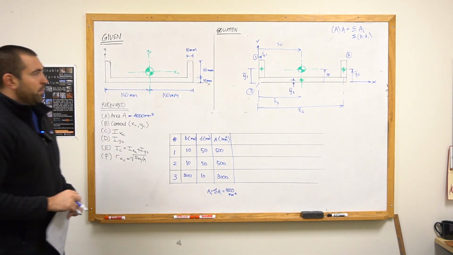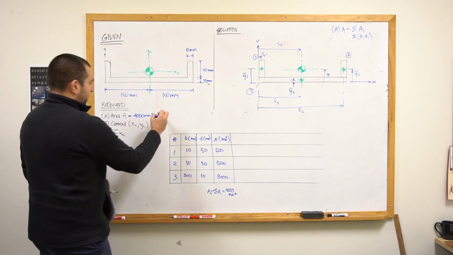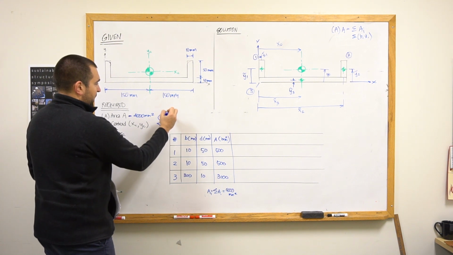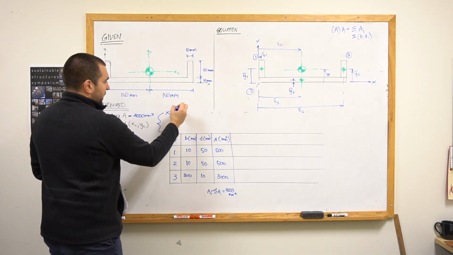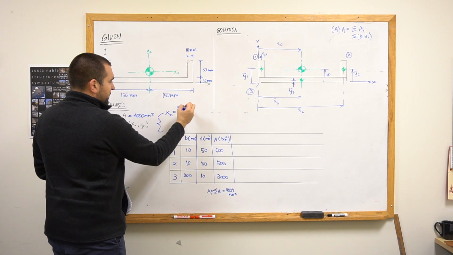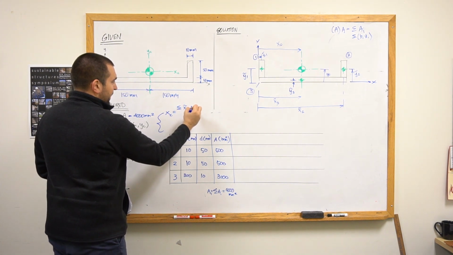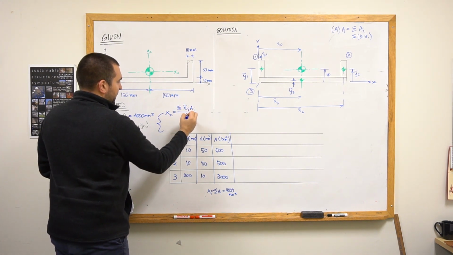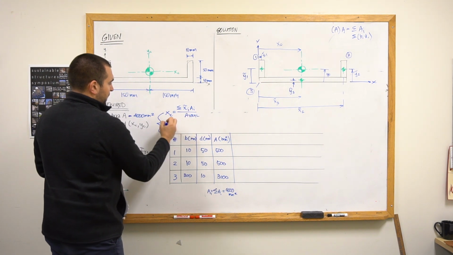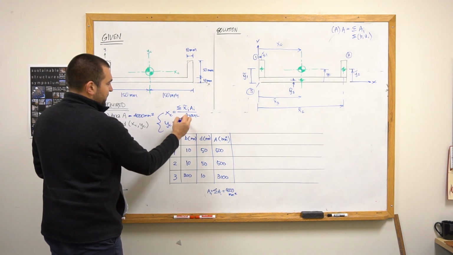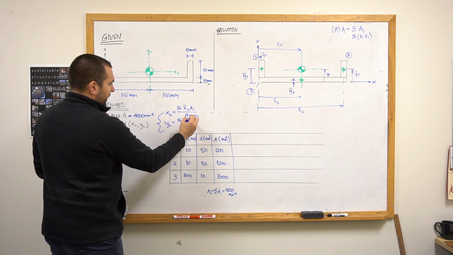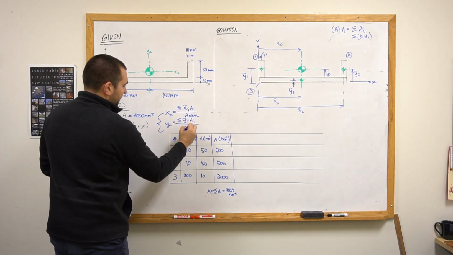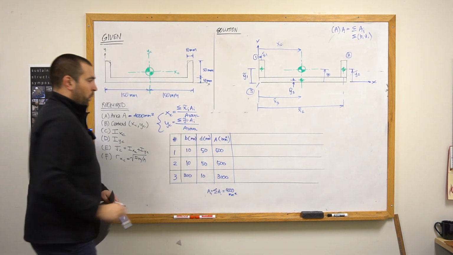And so the formula for part B is simply that x sub c equals a summation of x bar i times A i divided by the total area. And y sub c equals a summation of y tilde i A i divided by the total area.